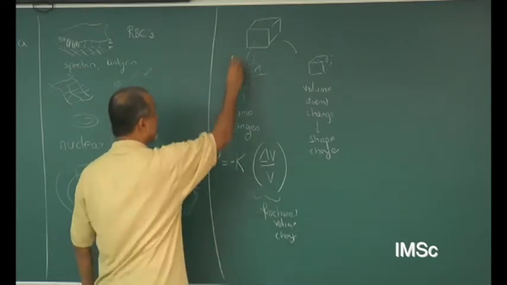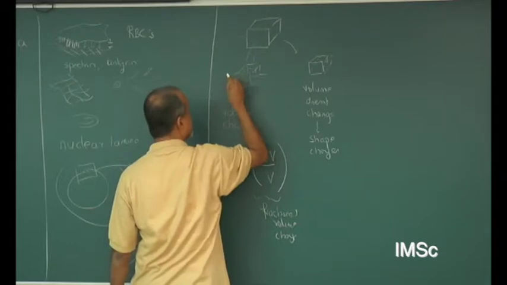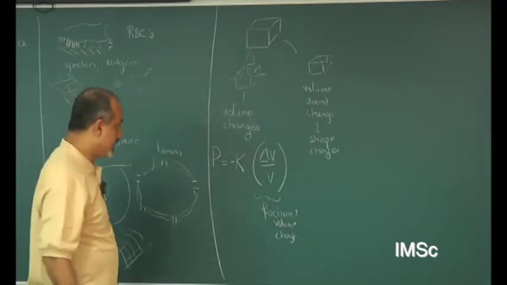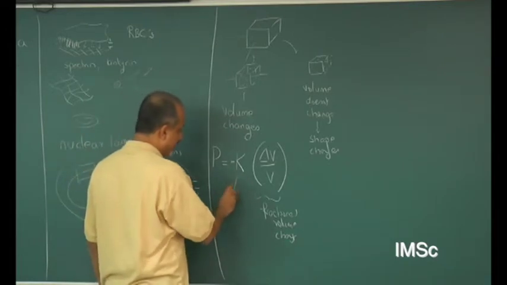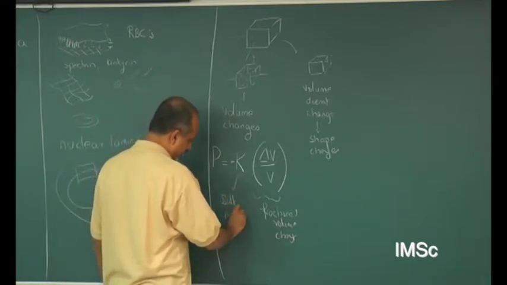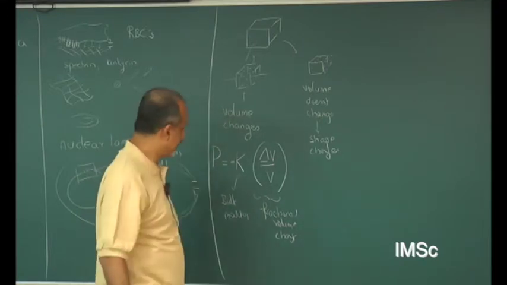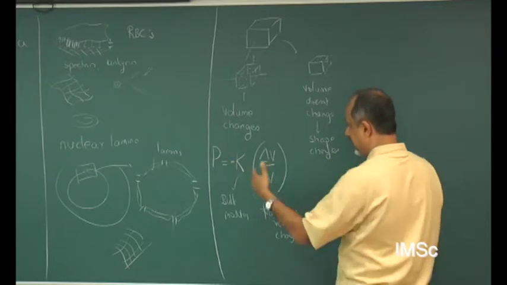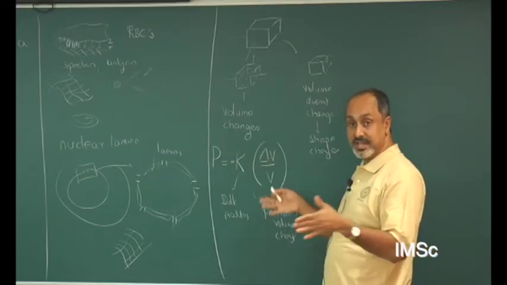So the pressure that is required, the uniform hydrostatic pressure acting from all directions, that's required to change the volume by an amount delta V, is related to a quantity called the bulk modulus in this particular way, where the pressure is the bulk modulus, but the minus sign is because it pushes inwards, so delta V is negative.